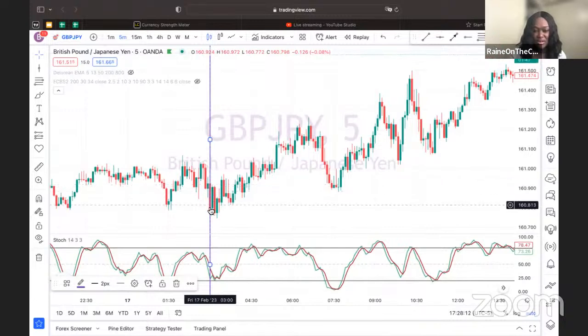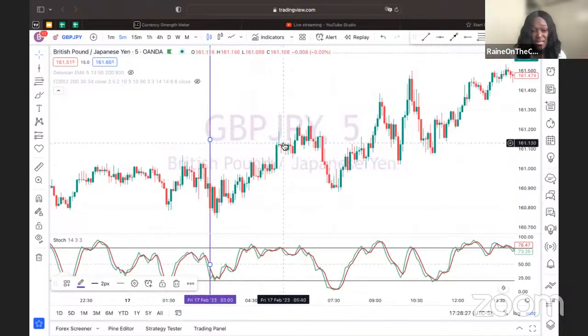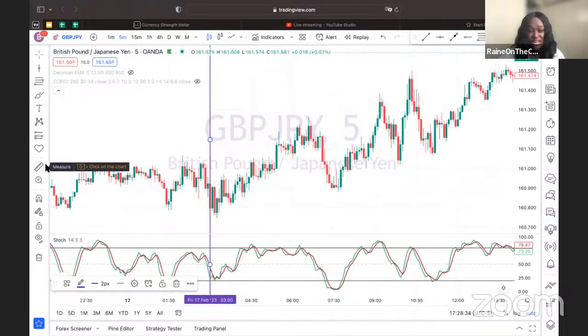It may come down, but then look, it takes off. That's a nice upward movement. 3 a.m. to 6 a.m. it actually moved up. So somebody decided that, oh yeah, I'm going to take this trade at 3 a.m.